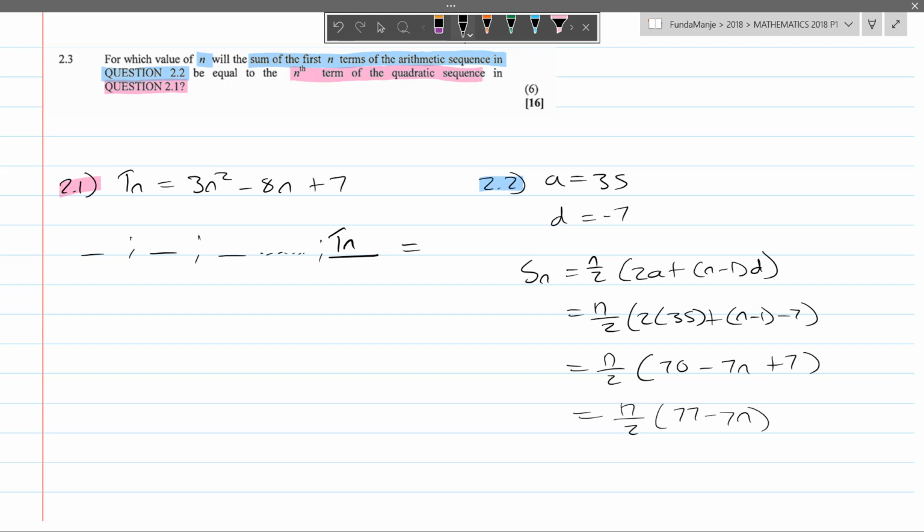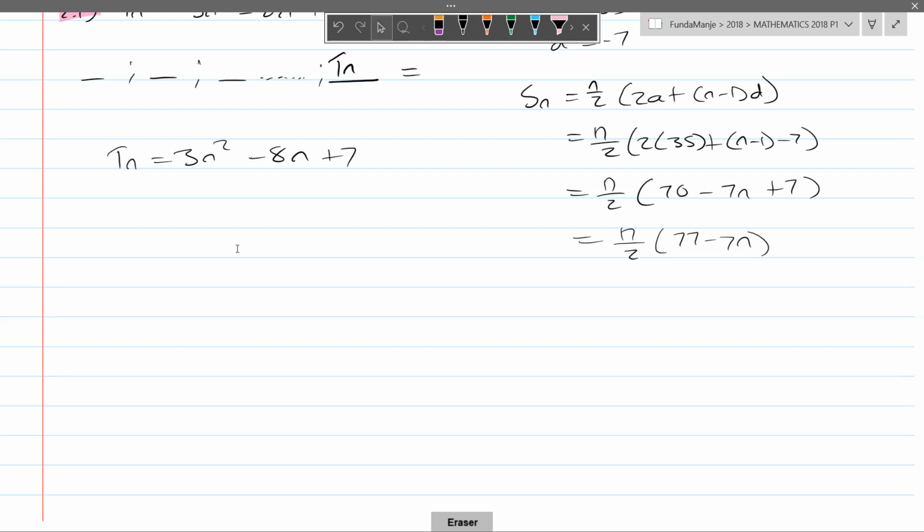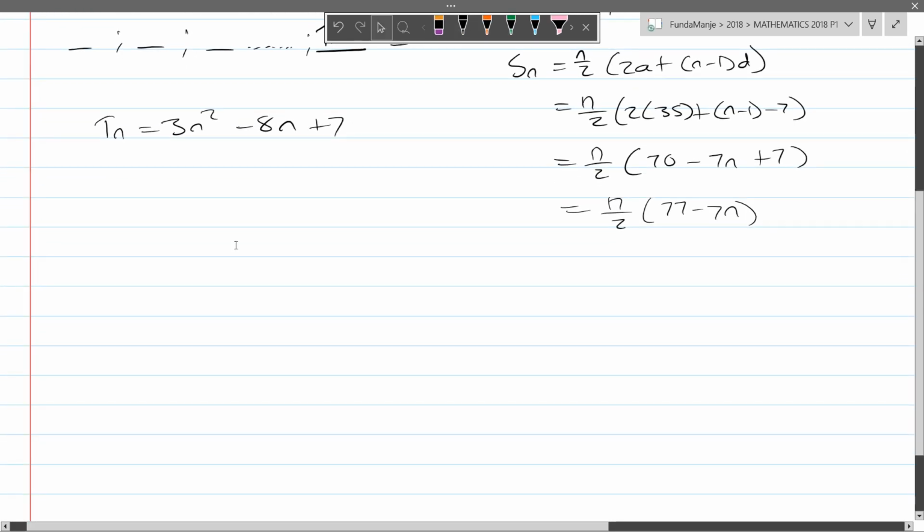Then we can come over here, and we've already written our general formula, which is Tn is equal to 3n squared minus 8n plus 7. So what we are saying is that there's a certain n value at which these two will be equal, that the sum of a certain amount of numbers will be equal to the nth position.